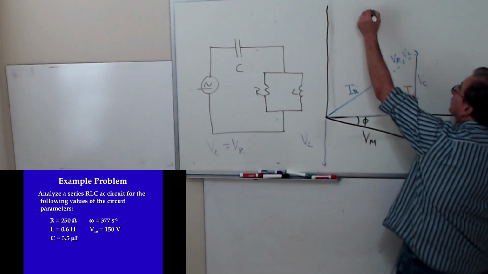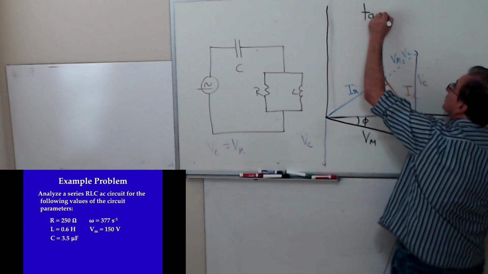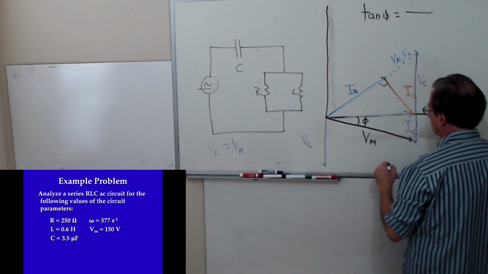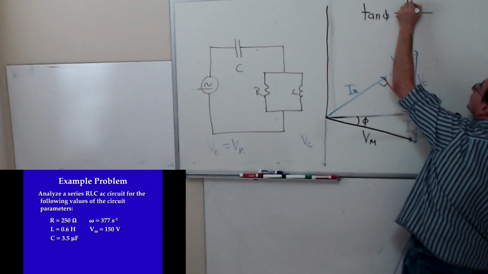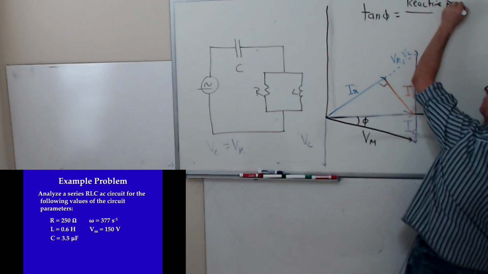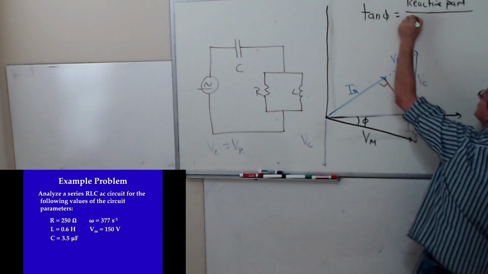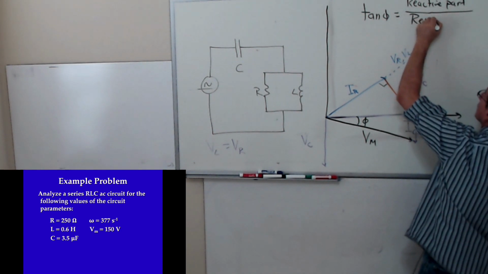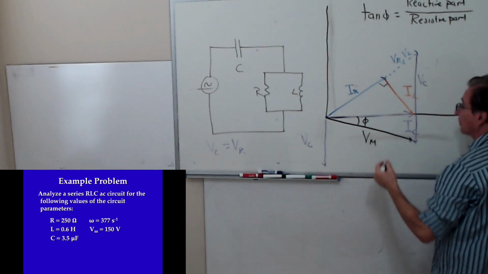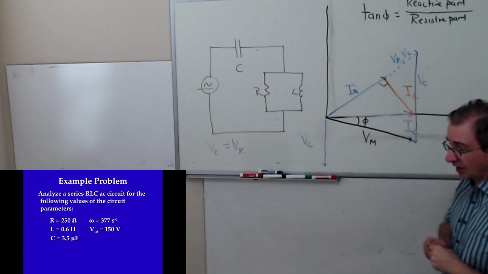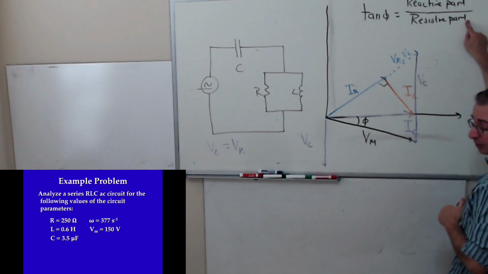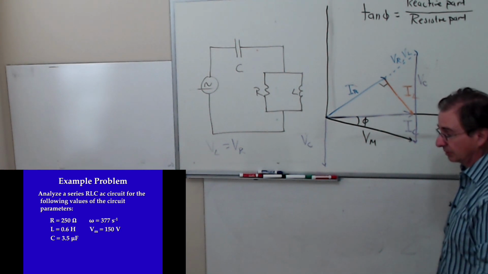In other words, tangent of phi is equal to the reactive part over the resistive part. If I were representing my voltage in terms of complex exponentials, this would be the imaginary part, this would be the real part of my function.